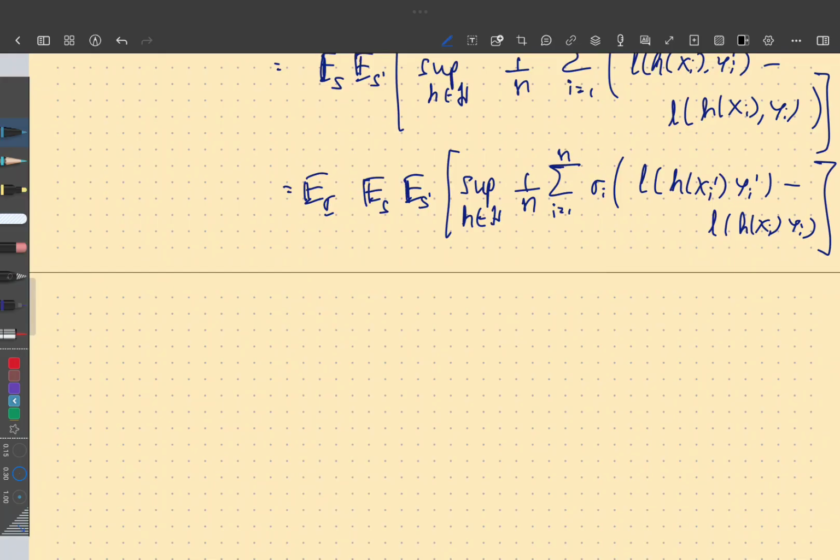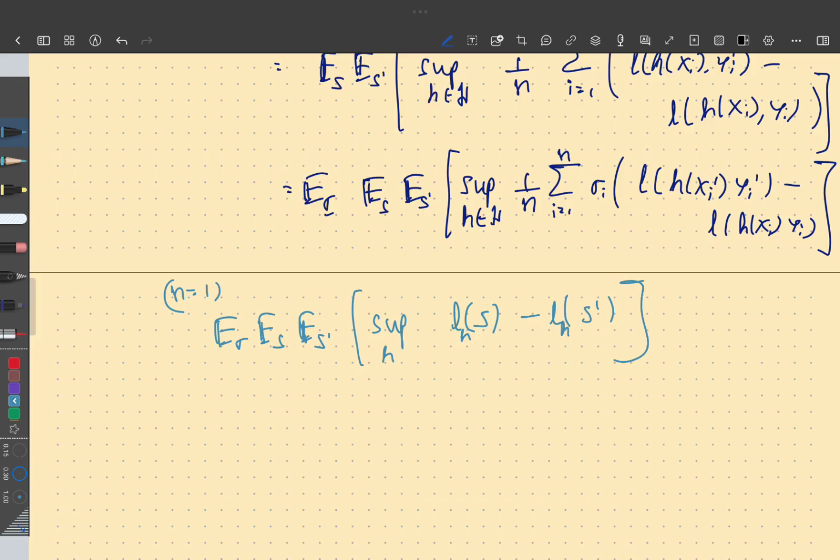So this is effectively of the form expectation over sigma, expectation over S, expectation over S prime of, assuming n is equal to 1 just for the sake of intuition, the supremum over H of, let's say, L of S minus L of S prime. Let me index this by H. Just some notation that I've introduced so that it looks cleaner.